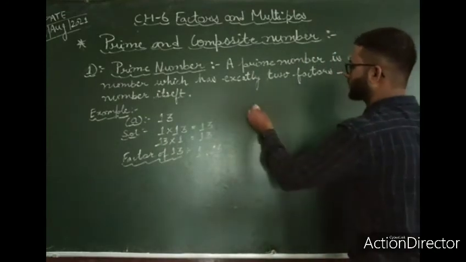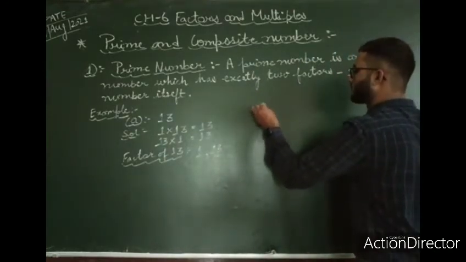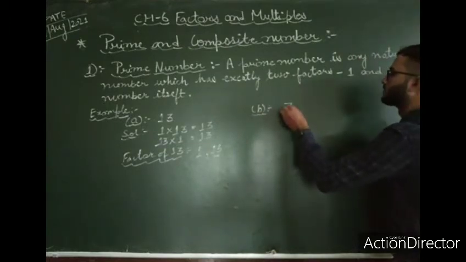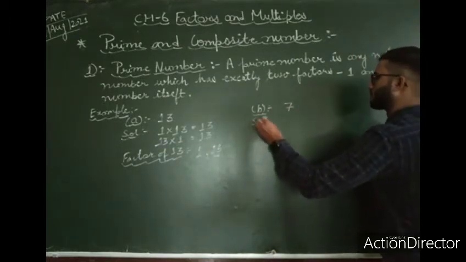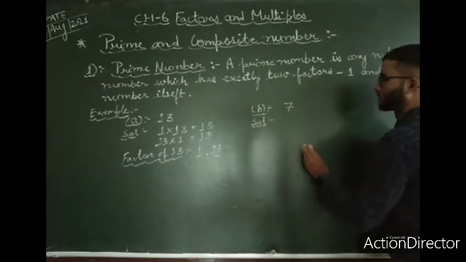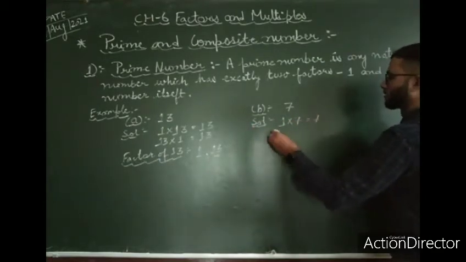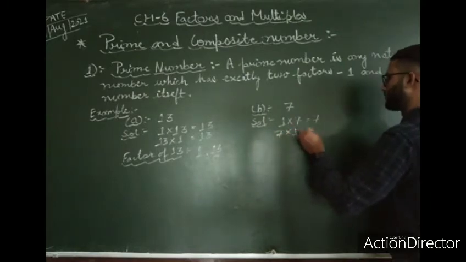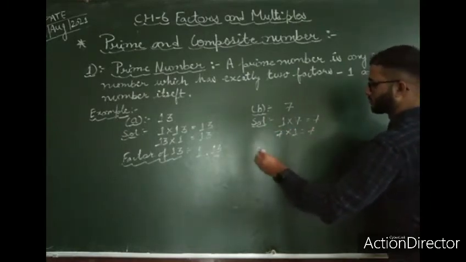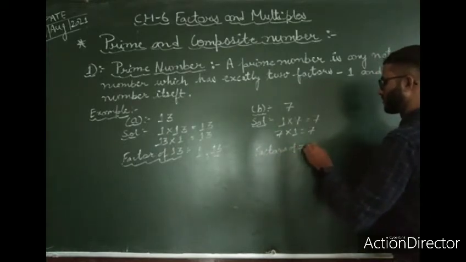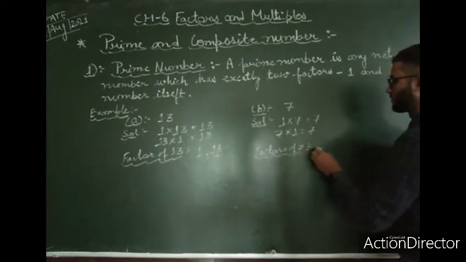Now another example, like 7. 1 multiplied by 7 gives 7. Factors of 7 is equal to 1 and 7.